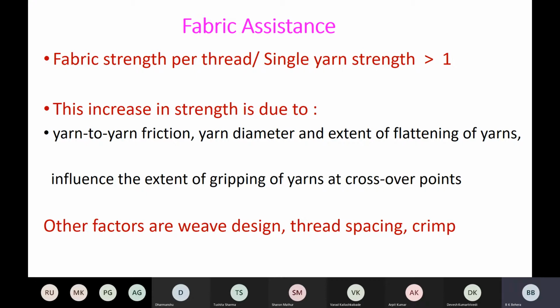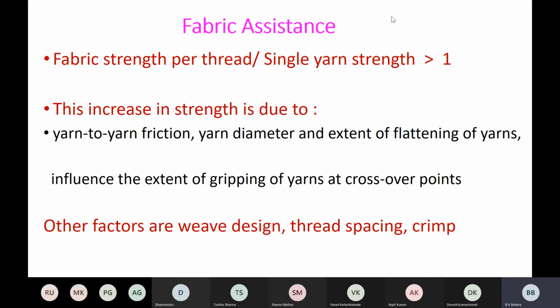So we'll start. Last class we discussed fundamentals of tensile behavior, where we discussed how to find out different tensile parameters from load elongation and stress strain diagram.